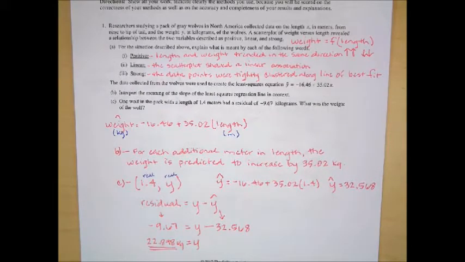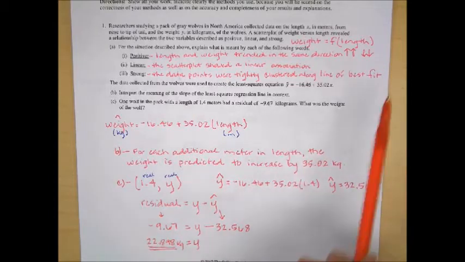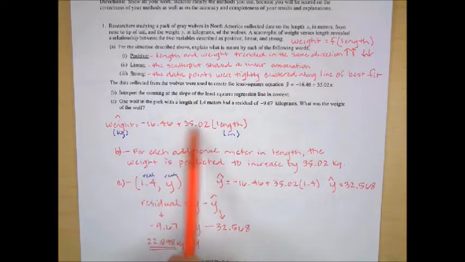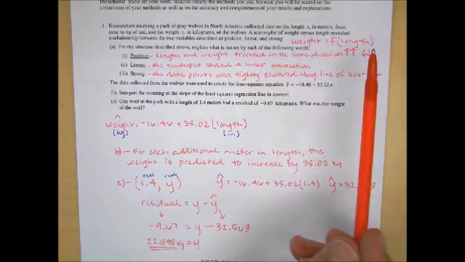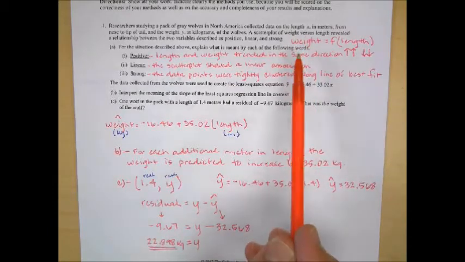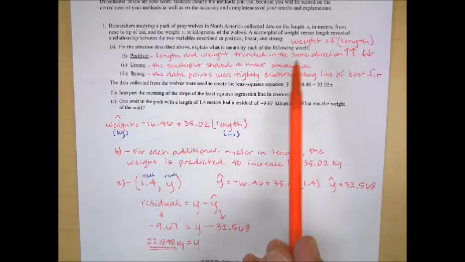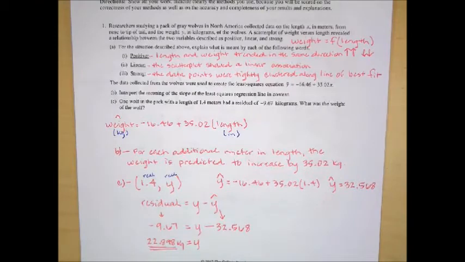And they gave you the relationship somewhere right here. In the narrative, they said it was positive and linear and strong, and they just wanted you to define what that meant in the context of this problem.